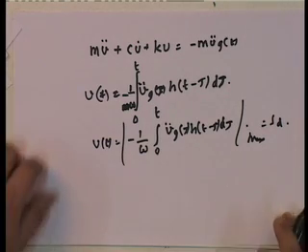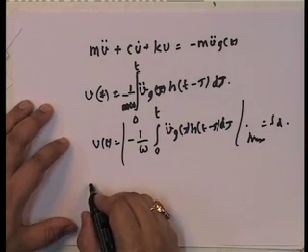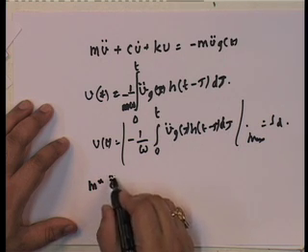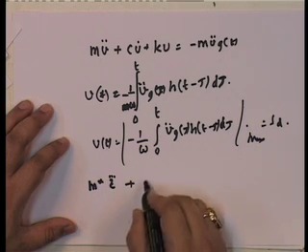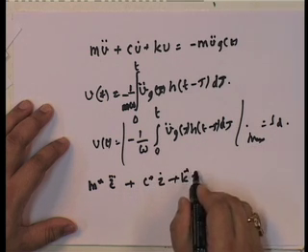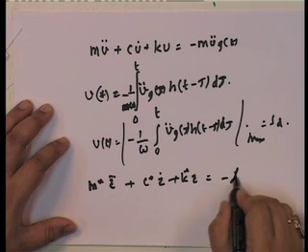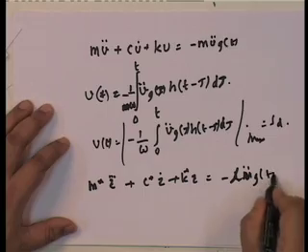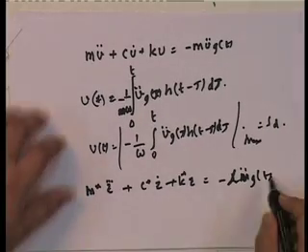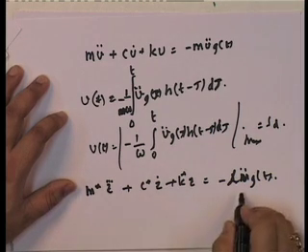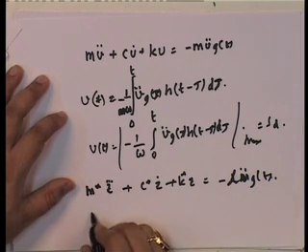Okay. So, now let us look at this particular problem. This problem essentially is m star z double dot plus C star z dot plus k star z equals minus L v g double dot. So, if you really look at it, what will be the response of this?